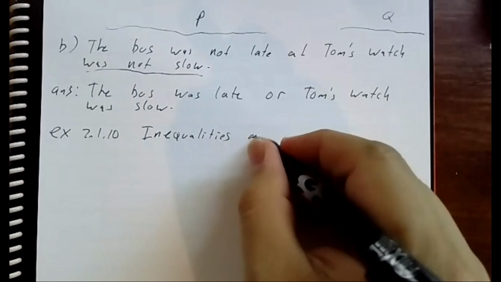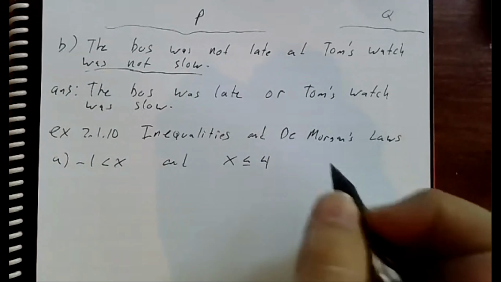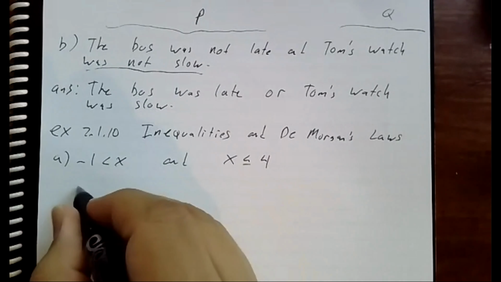-1 is less than x and x is less than or equal to 4. So here you have to remember the rules for inequality negations while using De Morgan's law. In the book, they show an extra step.